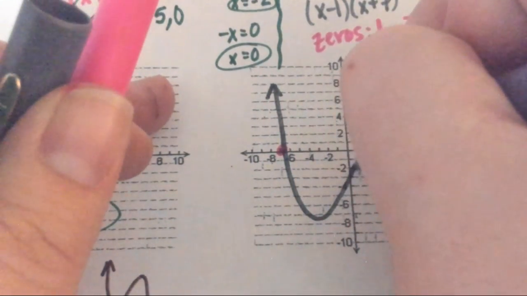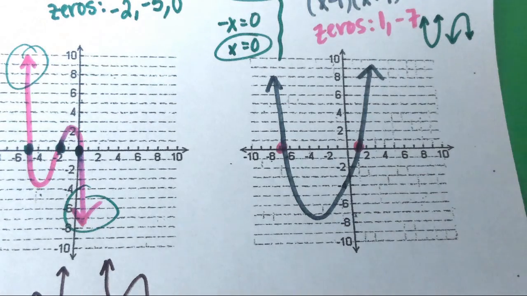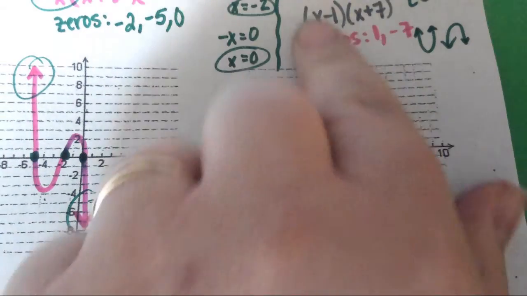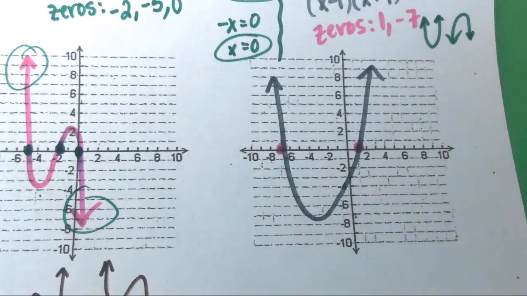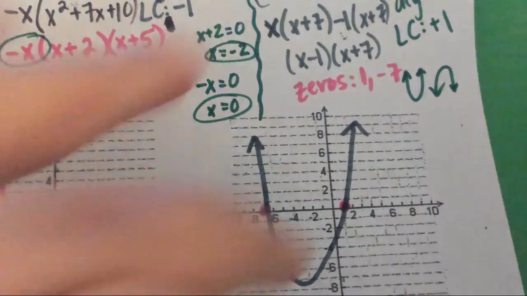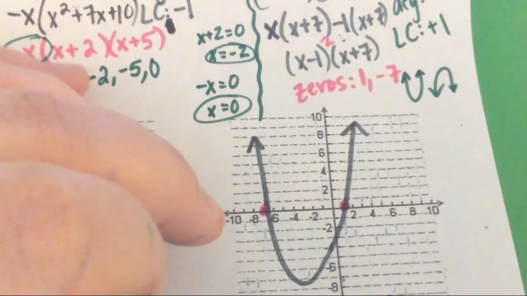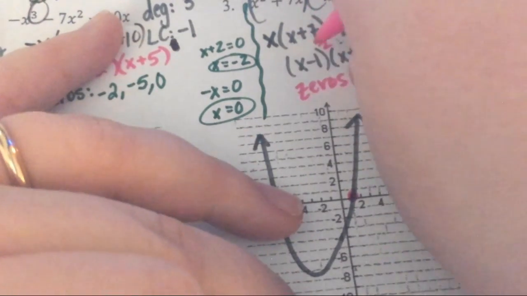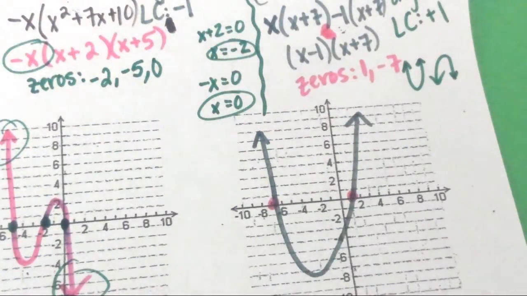Hopefully yours looks a little prettier than mine, but we get a parabola. Was it x minus 1 squared? No, it doesn't have multiplicity too.